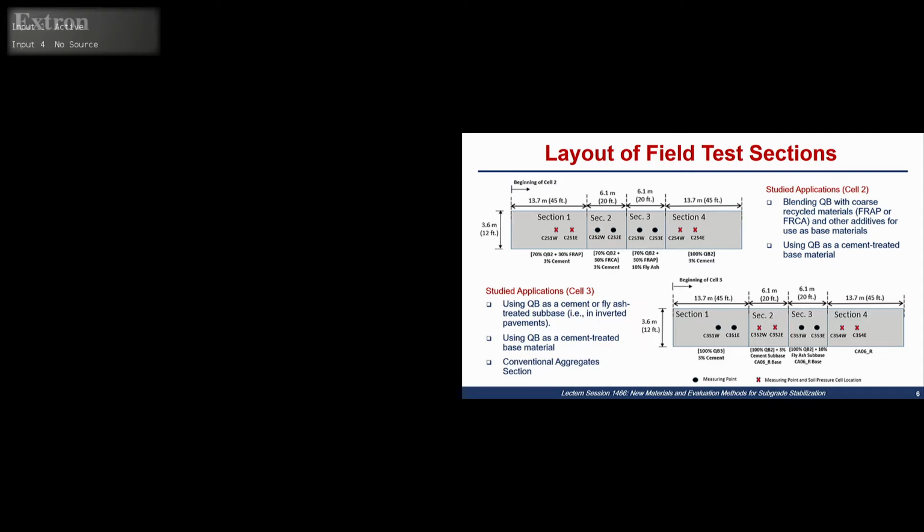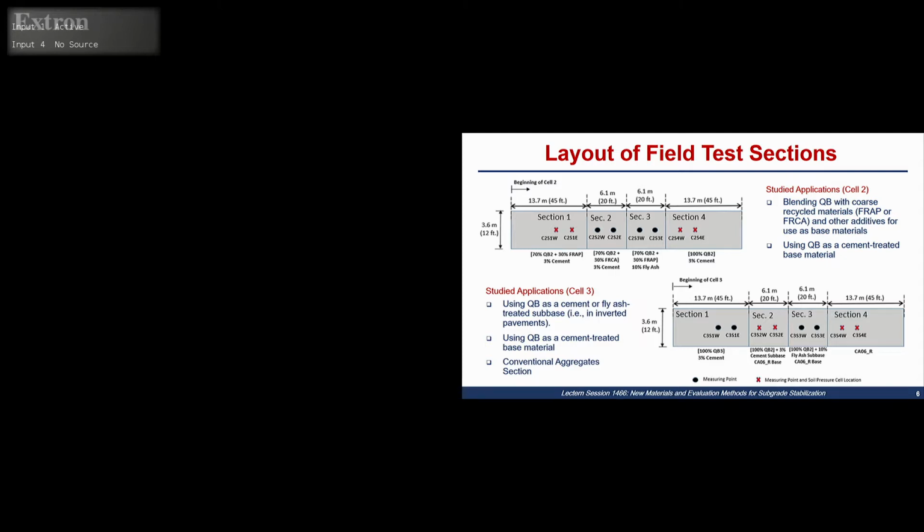All these sections have 12 inches of base, overlaid with 4 inches of HMA. For the 2 inverted sections, there are 6 inches of subbase, 6 inches of base, and then 4 inches of HMA on top.